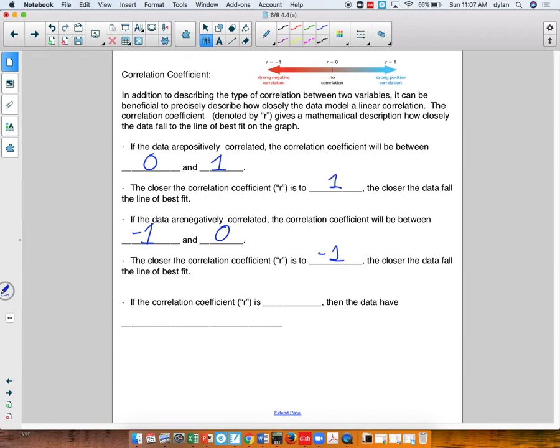If the correlation coefficient is 0, then the data aren't correlated at all in a linear fashion. So then we have no correlation for the data. We're going to talk a little bit about how you calculate the correlation coefficient in 4.5. Today we're just going to analyze it a little bit.